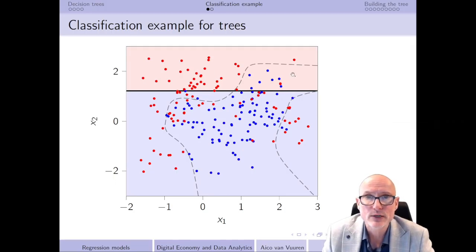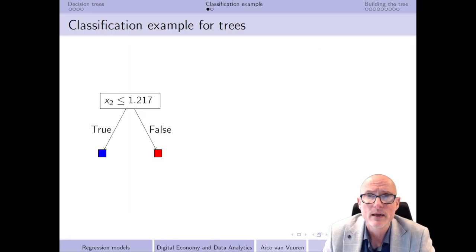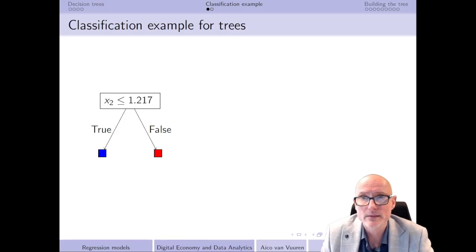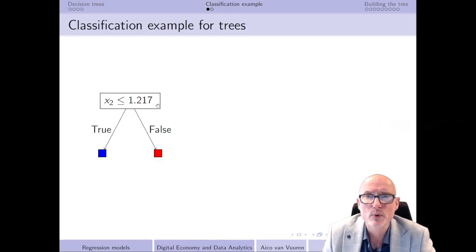We can illustrate that with a decision tree. That's also why decision trees get that name, because they are related to the decision trees that you might already know from operations research. Essentially the only decision we have to make in this case is whether x2 is smaller than or equal to, in this case, 1.217.